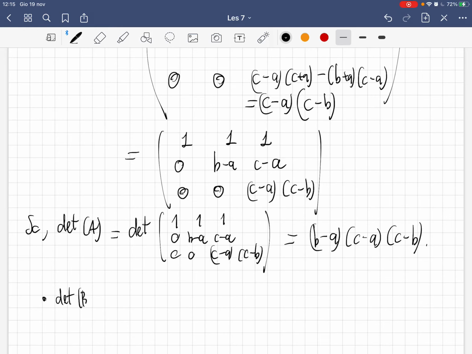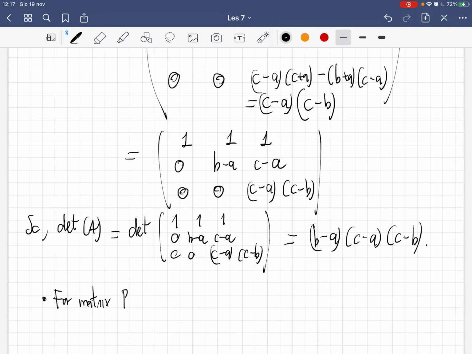Here, the determinant of B is computed by, let's write this.